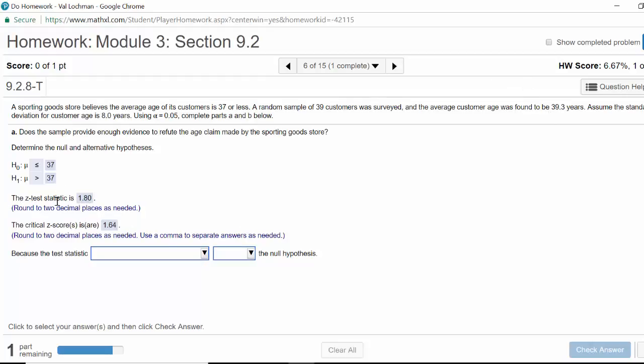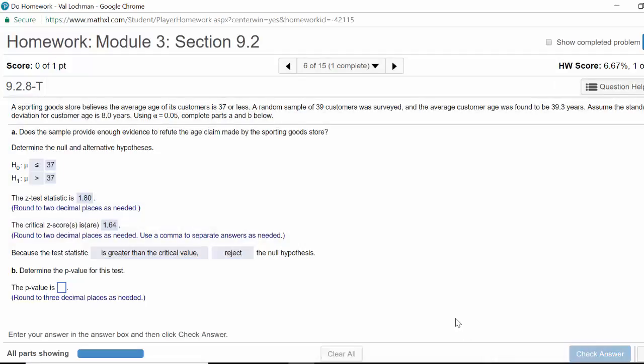So the z-test statistic is higher than the critical value for 0.05. That means the test statistic is greater than the critical value, which is true: 1.8 is greater than 1.64. We reject the null hypothesis, because it's further away from the mean by a lot.